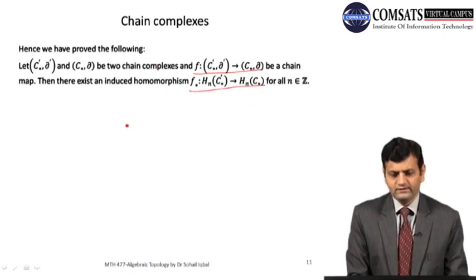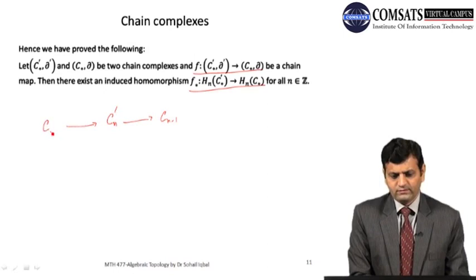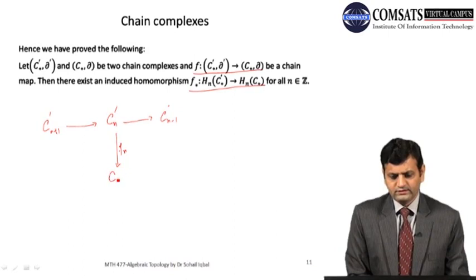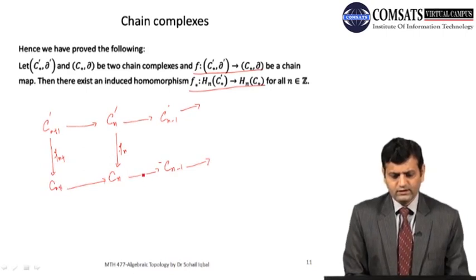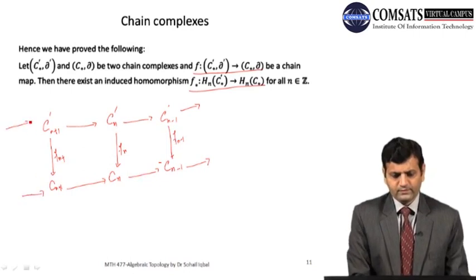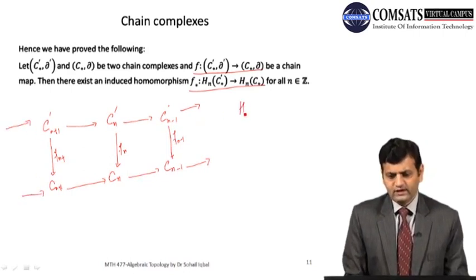Okay, so how have we defined this thing? We defined that when we have Cn prime going to Cn minus 1 prime, coming from Cn plus 1 prime, and we have maps fn plus 1, fn, and fn minus 1, and so on, going to Cn plus 1, Cn, and Cn minus 1. Okay, so what is Hn of c star prime?